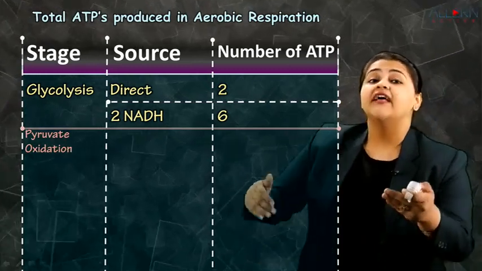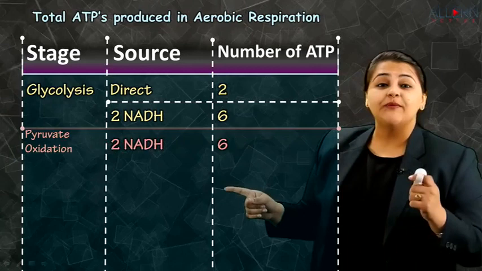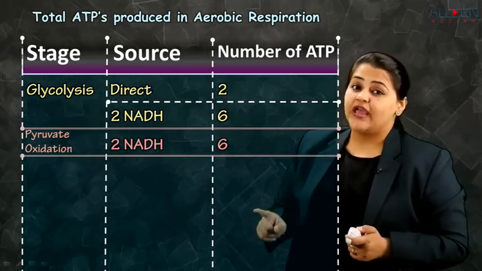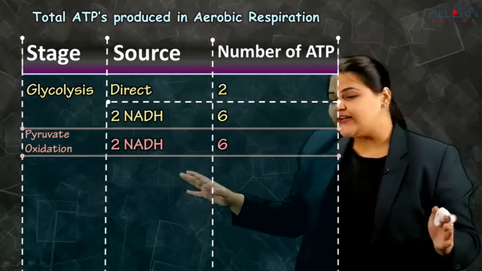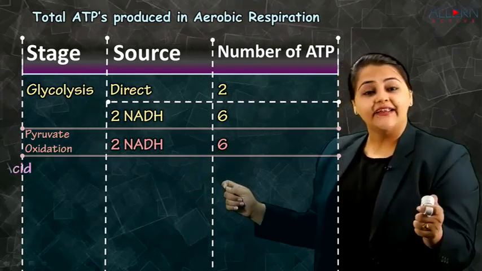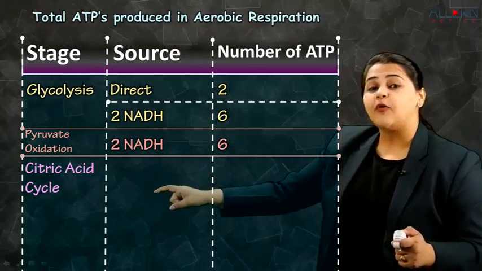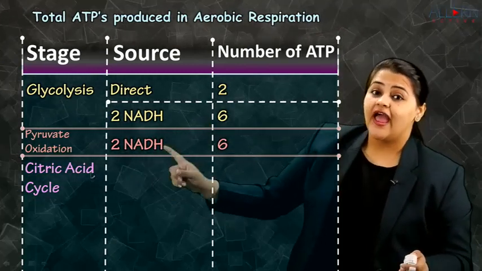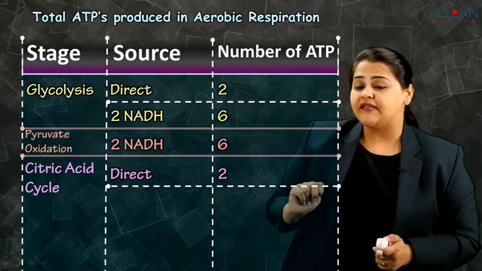We have the pyruvate oxidation, that is the link reaction, and in this we produce 2 NADH2, from which we get 6 ATPs. Here there was no direct energy formation, it was only indirect. Now we go into the Krebs cycle, also called the tricarboxylic acid cycle or citric acid cycle, and this is going to give us direct energy in the form of 2 ATPs.